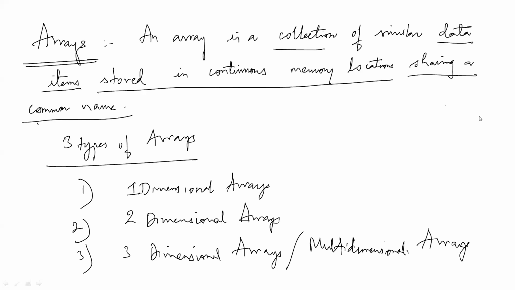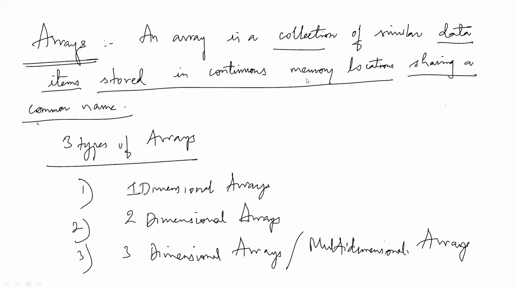Now, the distinguishing part we'll see when we go through arrays. So whenever I say an array, three points: a collection of similar data items or values, stored in continuous memory locations, and all of them have a common name.